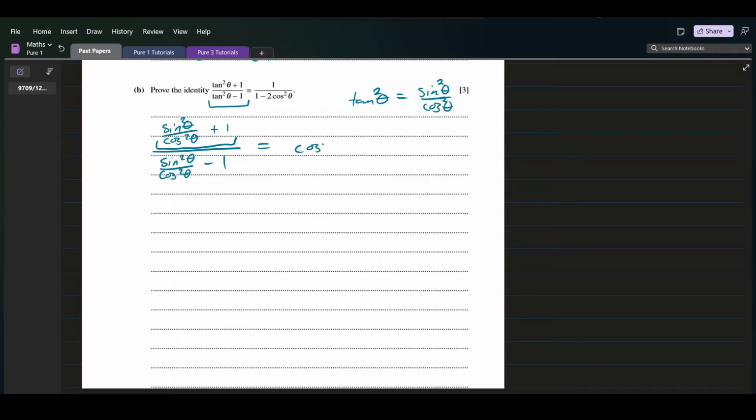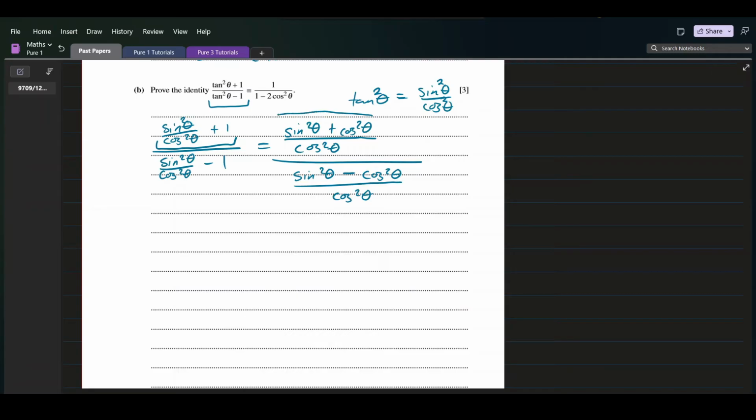So that would be cos squared theta, and the numerator is sine squared theta plus cos squared theta. And you're going to do the same for your denominator. So that would be sine squared theta minus cos squared theta over cos squared theta.